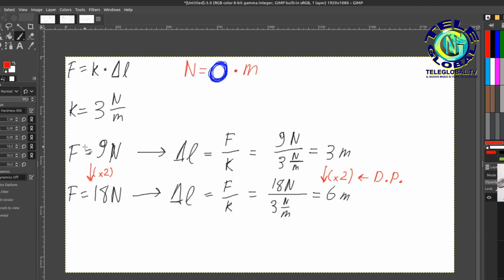If you triple the stretching, you also triple the force. If you halve one, if you divide by half, you also divide by half the other, etc., etc.